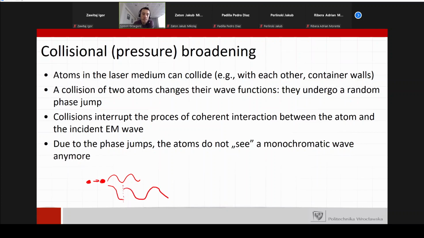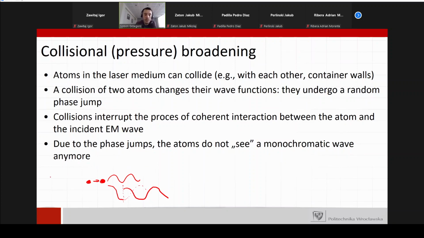So we see some phase jump in the emitted radiation from this atom because of this collision. Any phase modulation translates into frequency modulation, right? And these collisions just interrupt the process of this interaction between the waves and the atoms, because we still need to have coherent stimulated emissions.